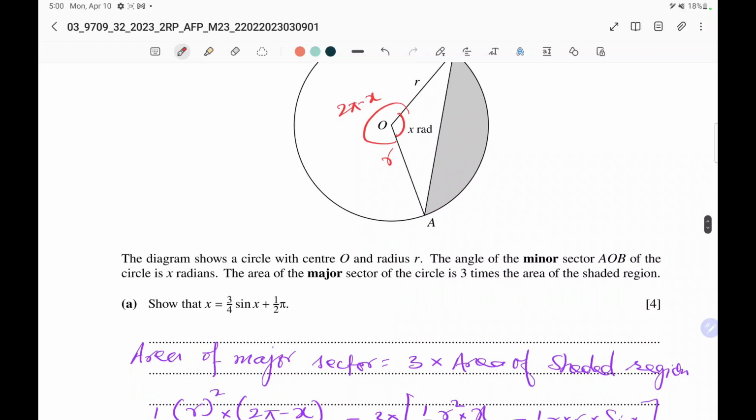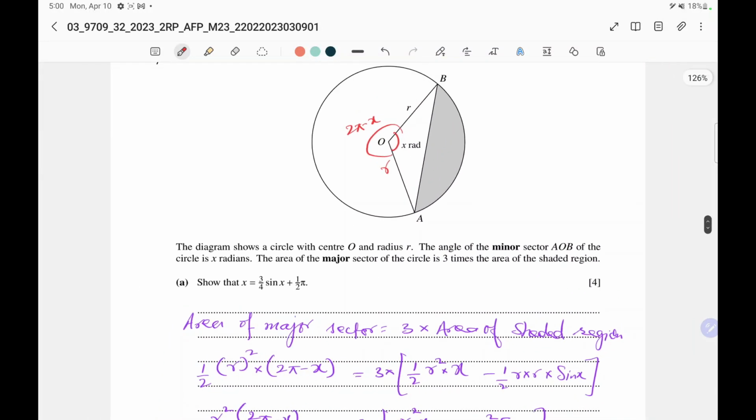Show that, okay, so the area of the major sector is 3 times the area of the shaded region. For the major sector, it means 1 over 2 r squared theta, but theta is this 2 pi minus x, which I have written here. So 3 times the area of the shaded region. The shaded region is the area of the sector minus the triangle.